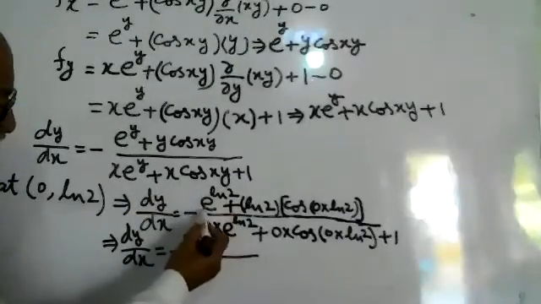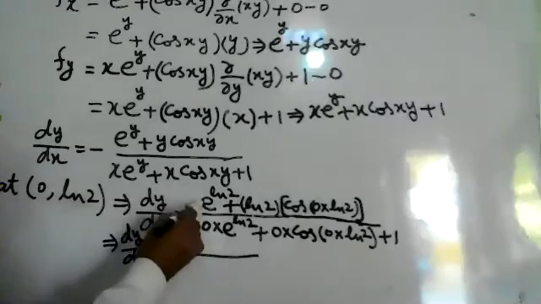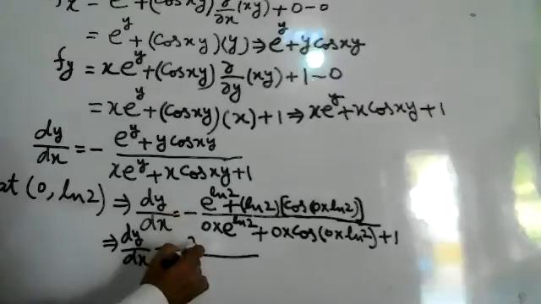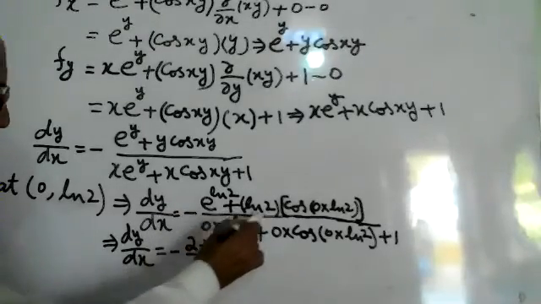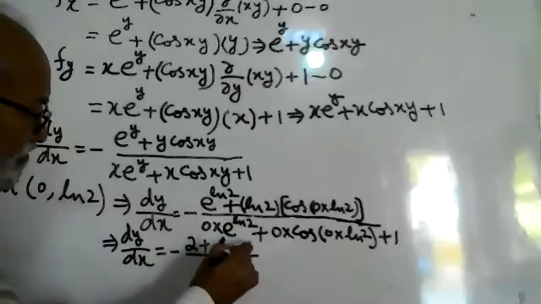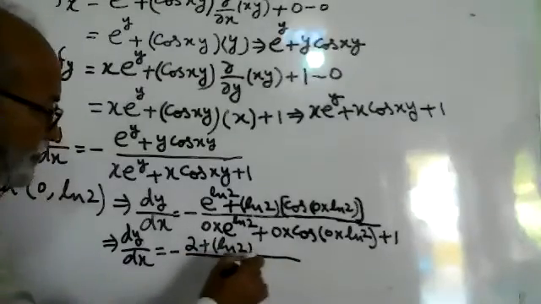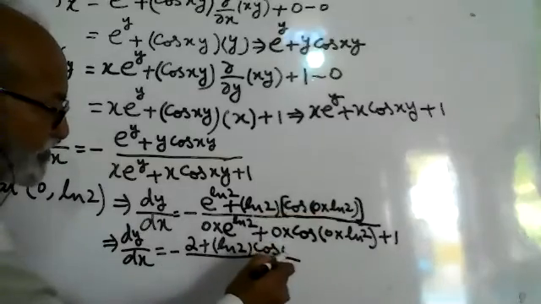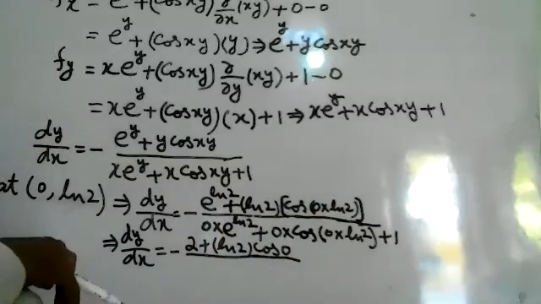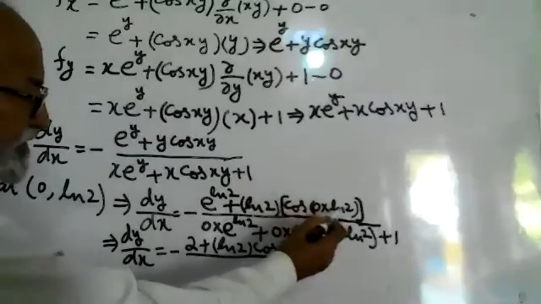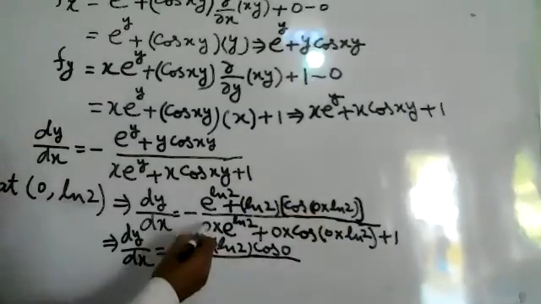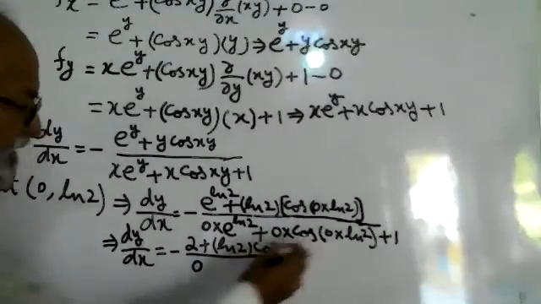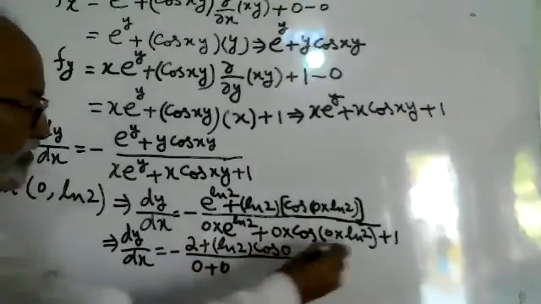Ln and e are cancelled out, only 2 is the answer. Plus ln2 into cos of 0 into ln2, which will be 0, upon 0 into e raised to power ln2 will be 0, plus 0 into something is 0, plus 1.